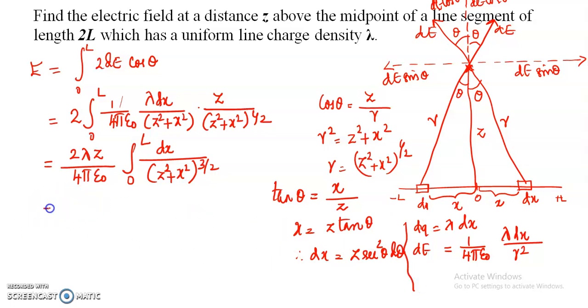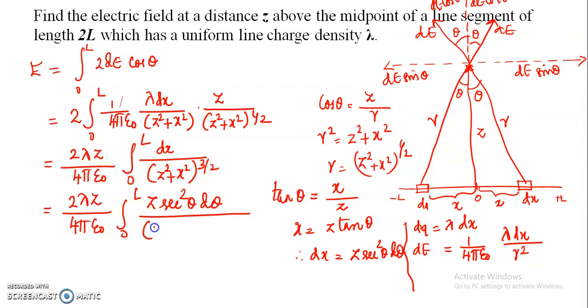Making this substitution, we get 2 lambda z divided by 4 pi epsilon 0 integral 0 to L z sec square theta d theta divided by (z square plus x square) whole raised to, (z square tan square theta) whole raised to 3 by 2.